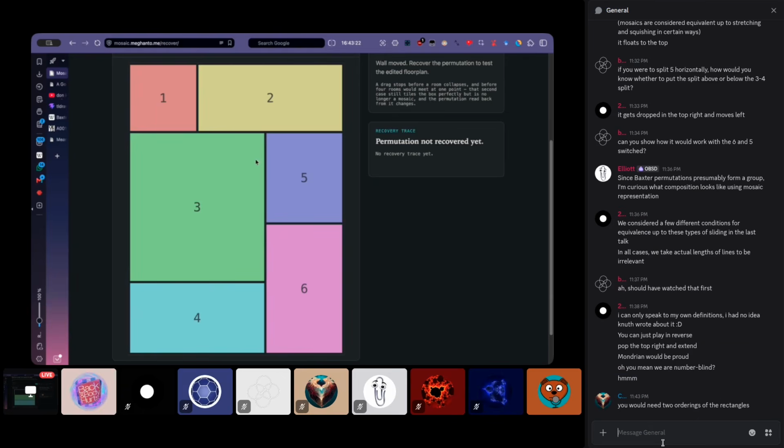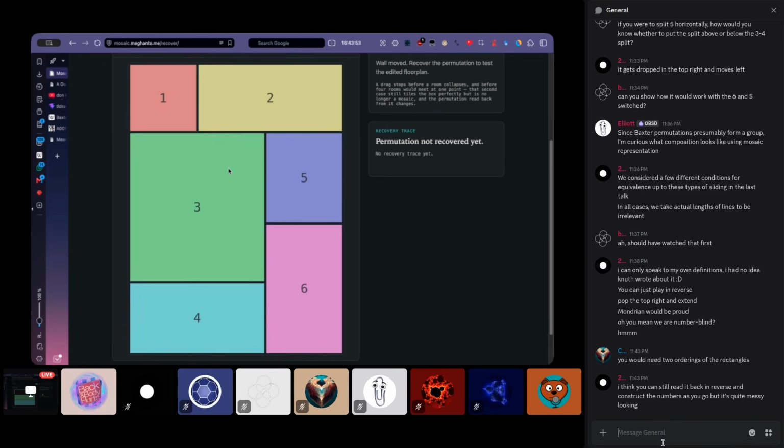Two orderings. Elaborate, you are at the right answer, obviously, but elaborate. If constructing the numbers as I go, it's not obvious. Just looking at it, I can't quickly get it.